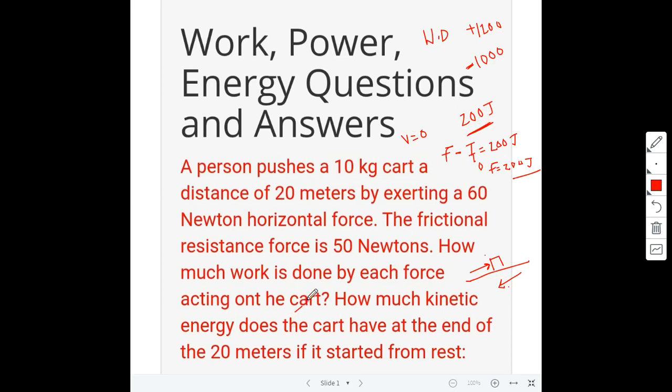Second part: how much kinetic energy does the cart have at the end of the 20 meters if it started from rest? It's very important why the question mentions this. There is another formula which connects kinetic energy with the work done, that is work done equals change in kinetic energy.